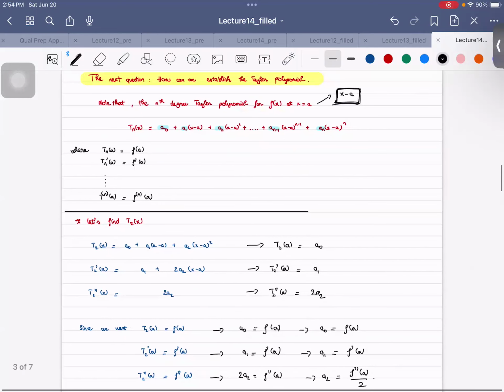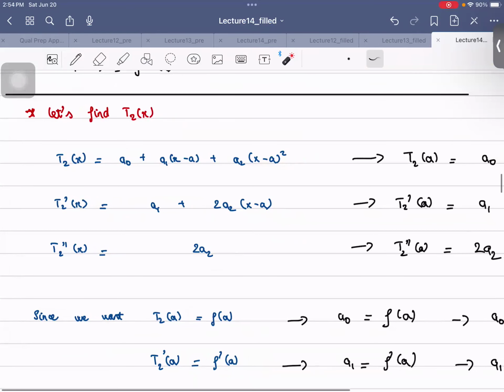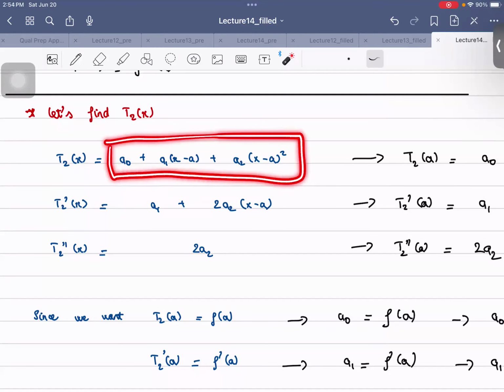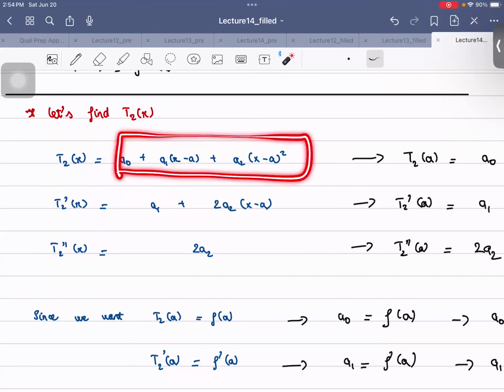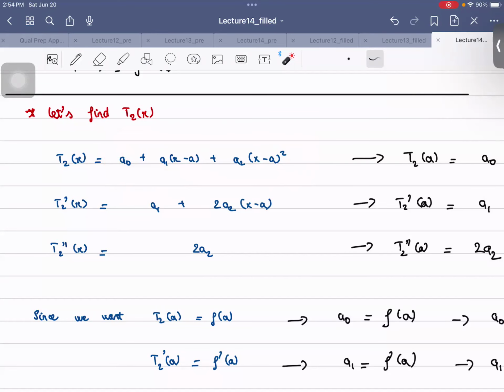So the question wants us to find T2 of x. It turns out that you need to write down the formulation for the degree 2 polynomial in this form. If you want to complete your approximation, you need to figure out the numbers for a0, a1, and a2, the coefficients.